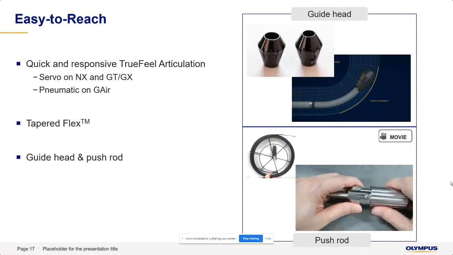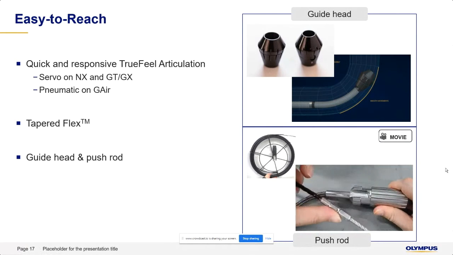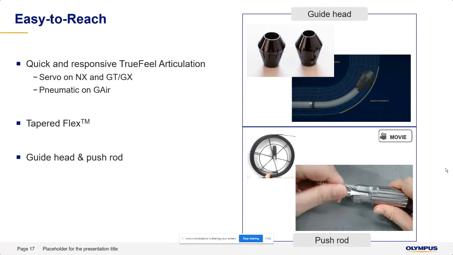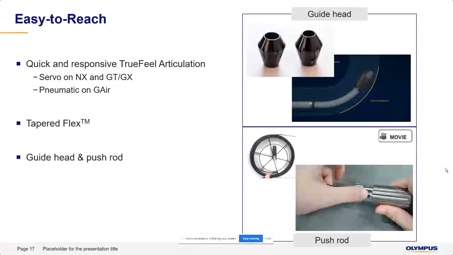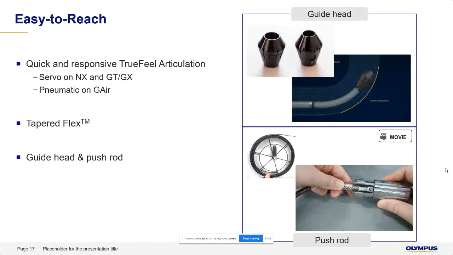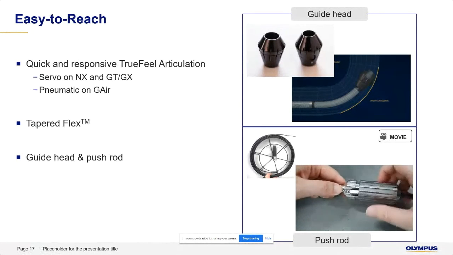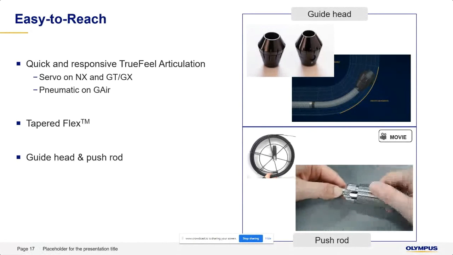It's recommended not to put this on the articulation section, primarily because you're going to need that articulation section to move around. So you can place it a few inches away, essentially place this down into there, and then screw the adapter back on so that it does not slide out. And then this adds more rigidity to your insertion tube.